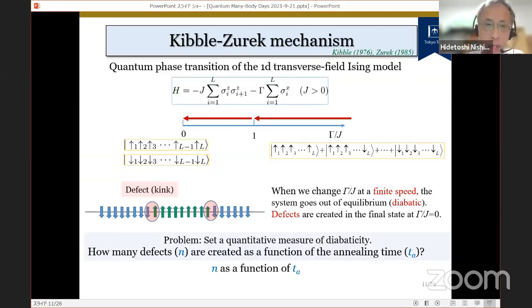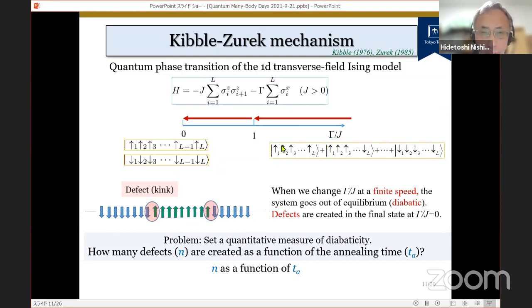the idea in the context of the transverse field Ising model in one dimension, which we studied by quantum simulation. So instead of the temperature, we have the transverse field, which represents the quantum fluctuation. So initially, we set gamma, the amplitude of the quantum term, very large.